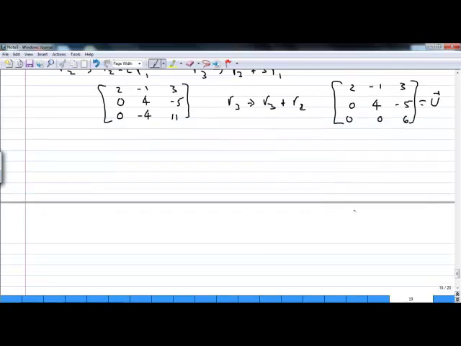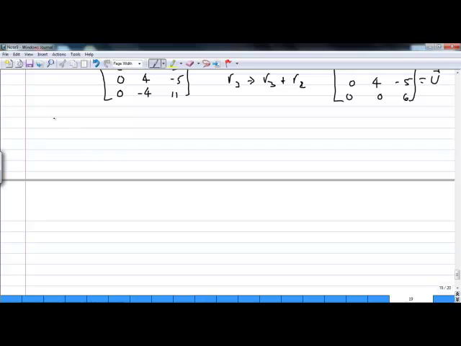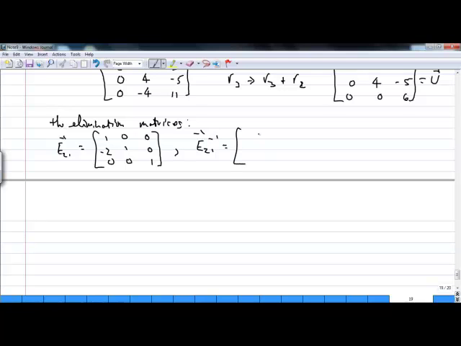Now let's look at the corresponding elimination matrices. E21, so therefore its inverse looks like this.